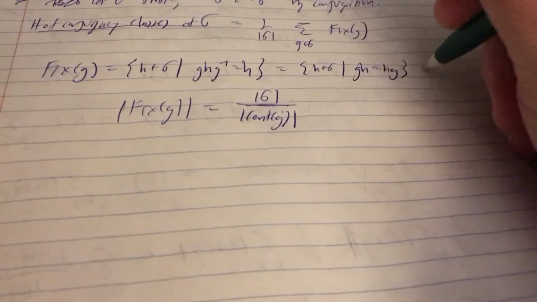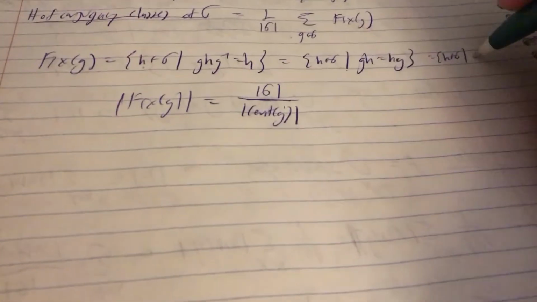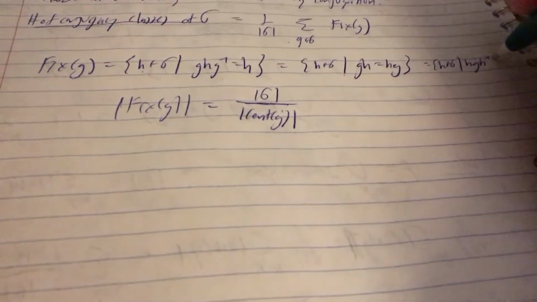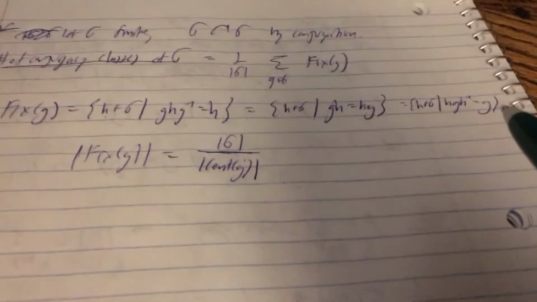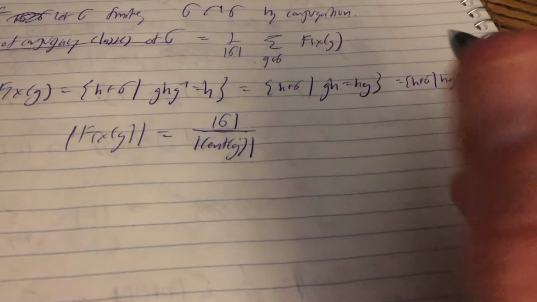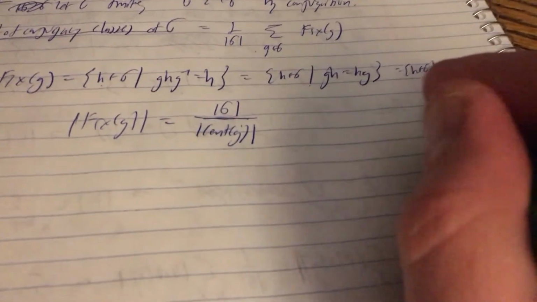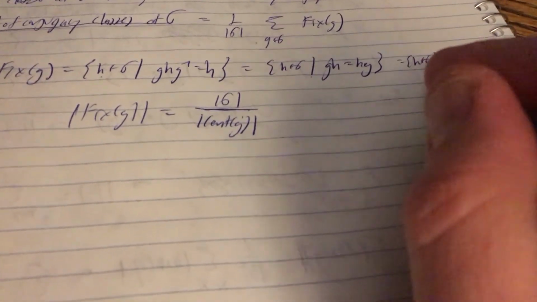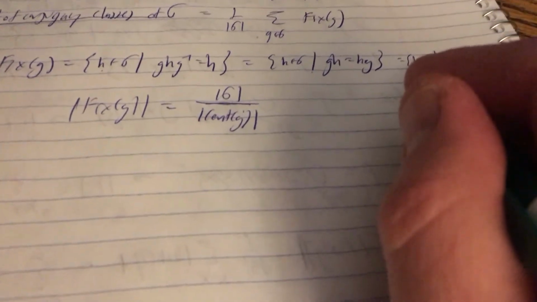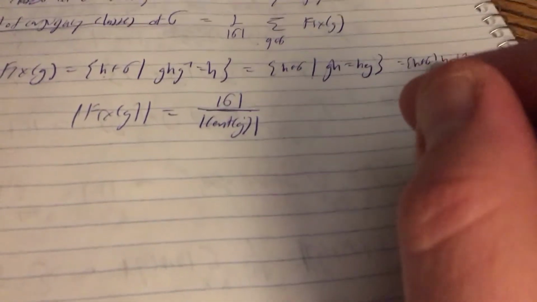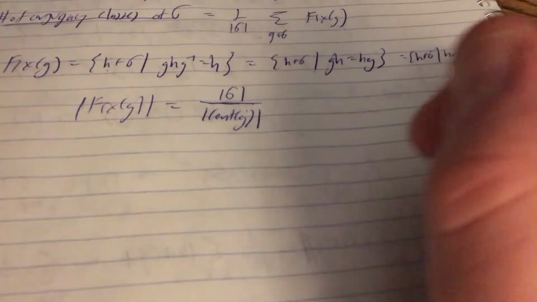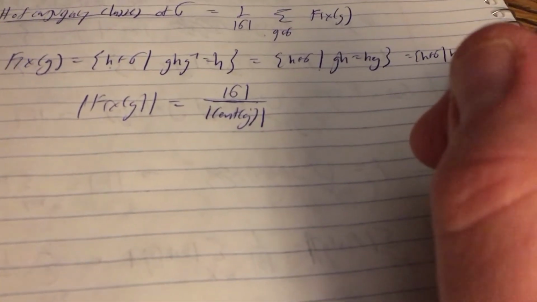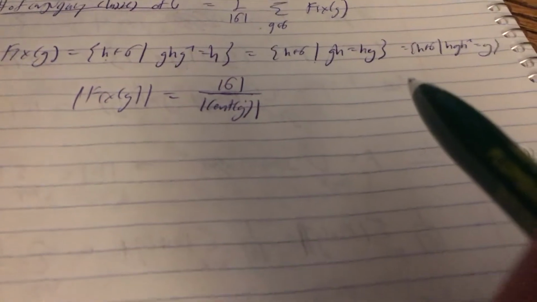So maybe it's worth noting that this is precisely the set of h in G such that h g h inverse is equal to little g, which may make it a little clearer. So this set is exactly an orbit under little g by the conjugation action of big G. And what's the stabilizer under this orbit? It's exactly the set of things which centralize g, which satisfy this equation.